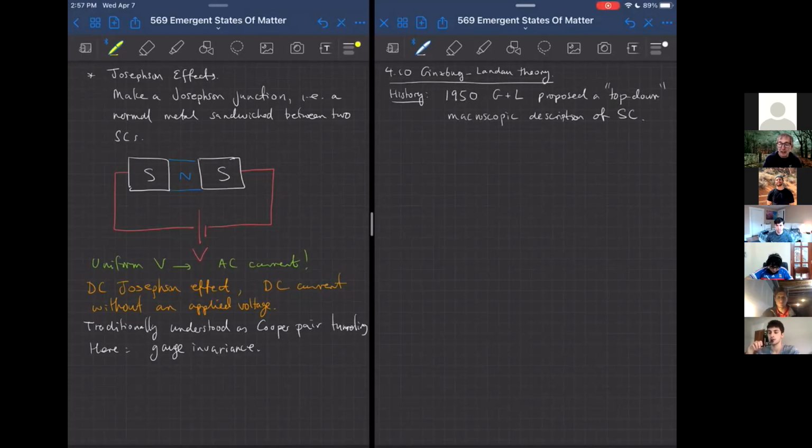I mean, for example, they didn't really understand what was the object, the wave function that they were dealing with. So this is sort of analogous to the Gross-Pitaevskii description of a superfluid.